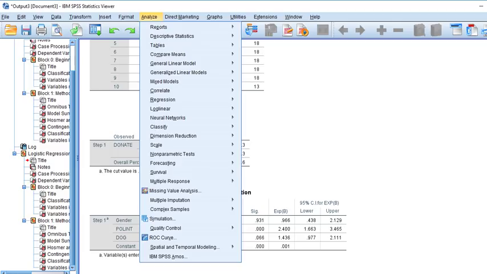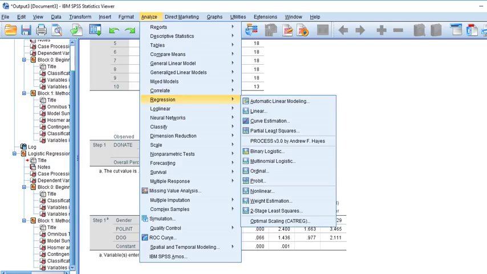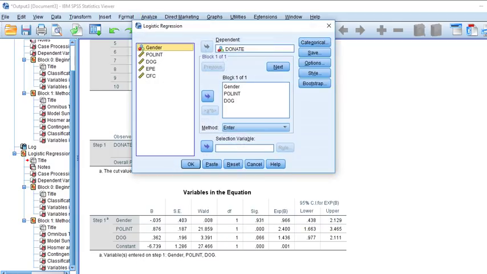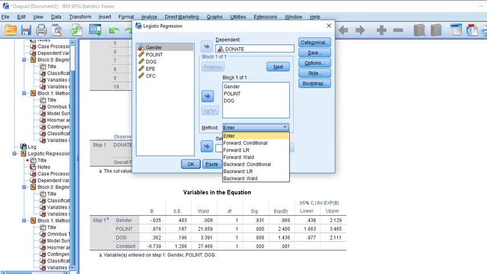You'll also notice that if you wanted to run something akin to a stepwise regression using logistic regression, you could certainly do that. If you go to method, enter, there are various approaches. So for instance, if I wanted to run a forward regression or a backward regression, the LR is the likelihood ratio test. That's probably the better bet.